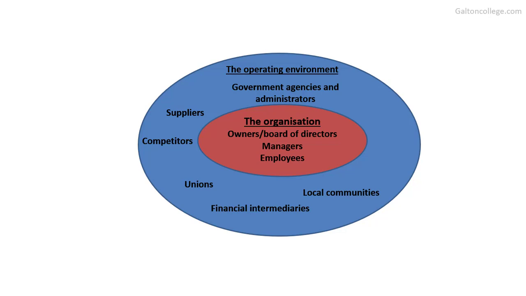It's also the local community. Companies exist in society. The local community have a right to ensure that the company is not a nuisance within the local area, that it's not making a lot of noise into the night or polluting the atmosphere with toxic fumes, a lot of traffic.